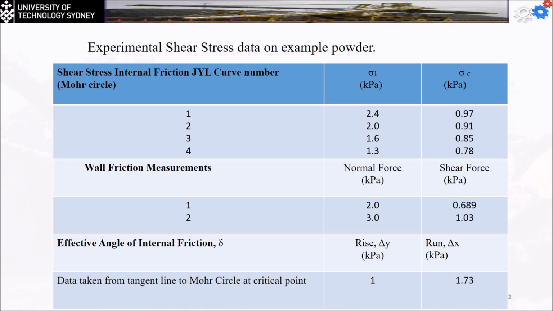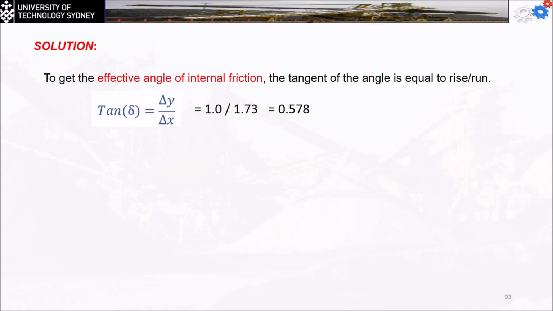So we can find the tangent of the delta, then we can find the value of the delta itself. So these are the steps. Tangent of the delta is equal to the delta y over delta x, and this will give you the value of the tangent, and the arc tangent will give you the value of the delta of the wall.